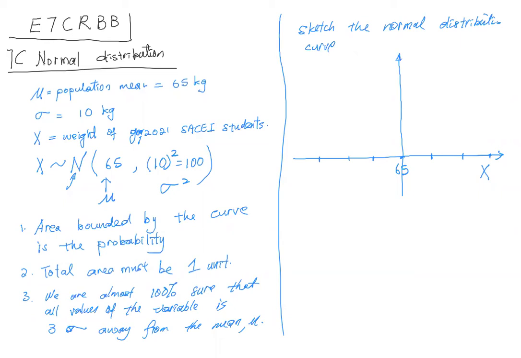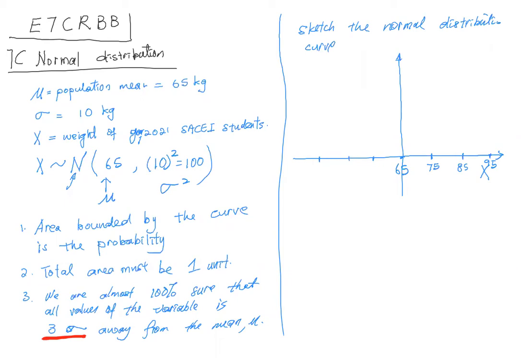The first mark will be 65 plus 1 standard deviation, that is 75, then 85, 95. So people with 95 kg should be very few, am I right?